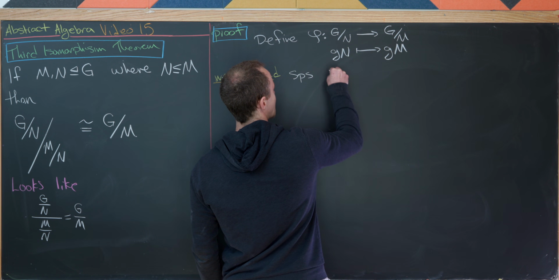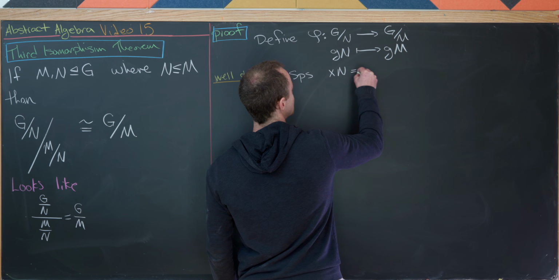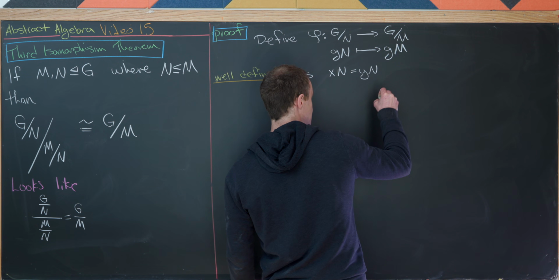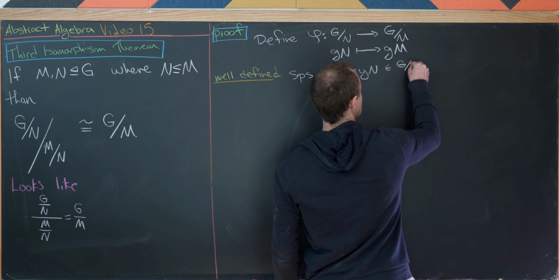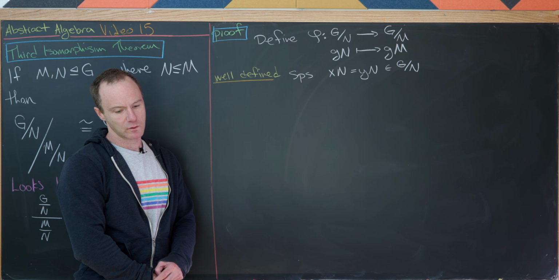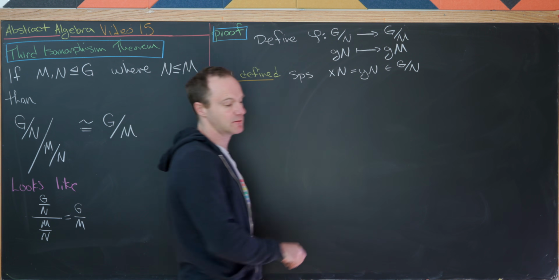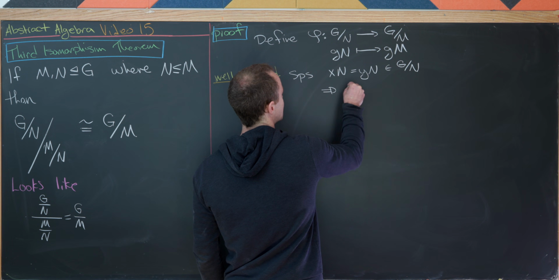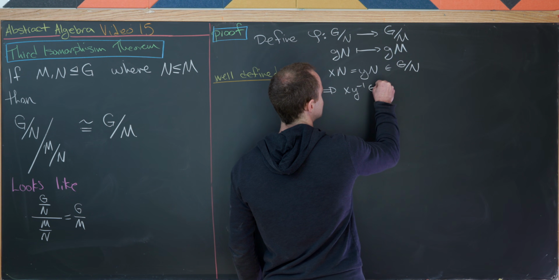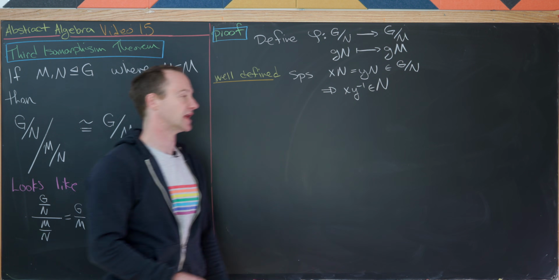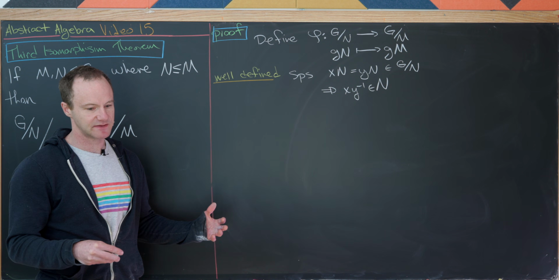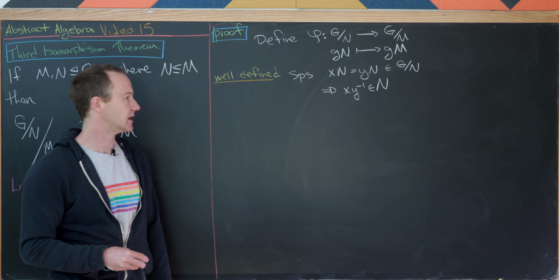So let's suppose that we have xn is equal to yn inside of G mod n. But what does it mean for cosets to be the same? Well, it means that xy inverse is inside of the subgroup n. So like I said, that's what it means for cosets to be the same.